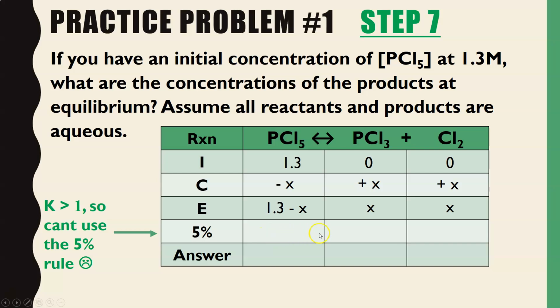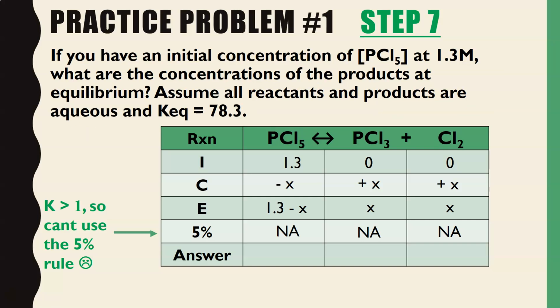So this is just going to be not applicable this time. We do not get to use our shortcut. Because remember, it told us that our KEQ is 78.3, which is greater than 1. Can't use the shortcut.